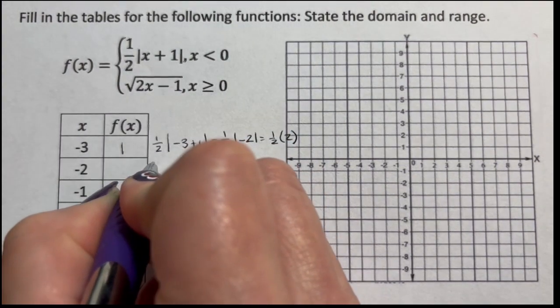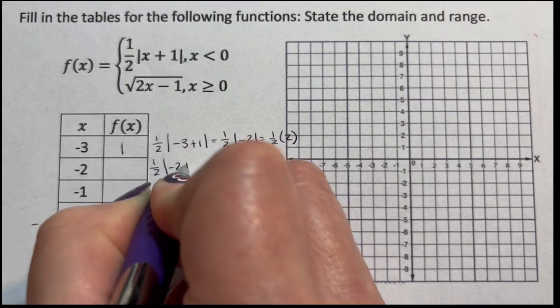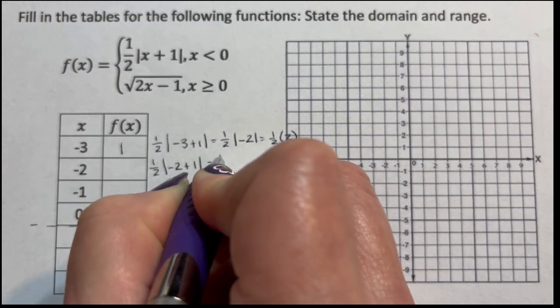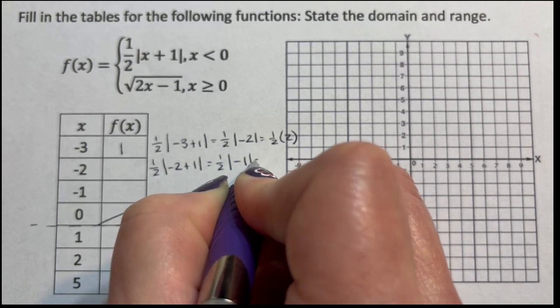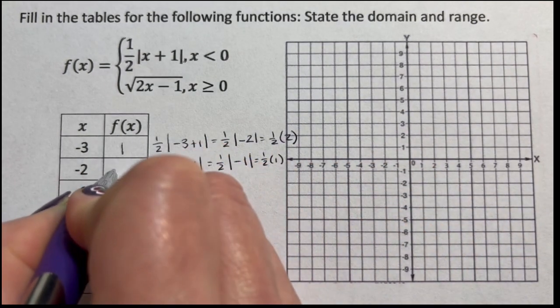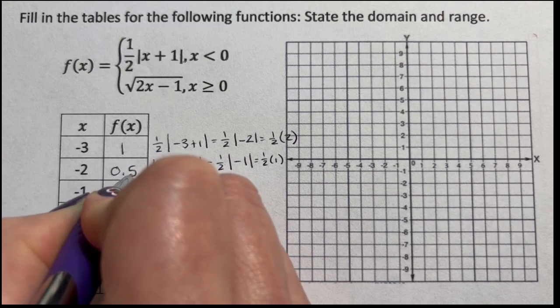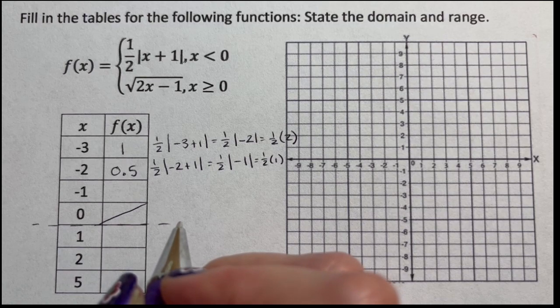All right, so we have 1/2 times the absolute value of -2 plus 1, which is 1/2 times the absolute value of -1, which is 1/2 times +1. I'm going to put this in here as 0.5 because when I graph, decimals are simpler to graph.